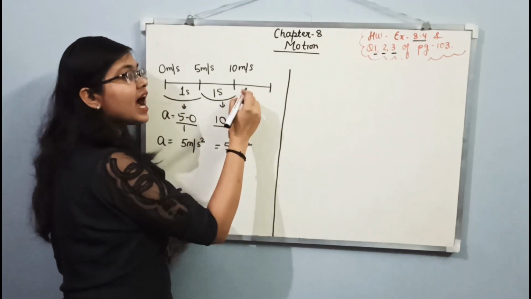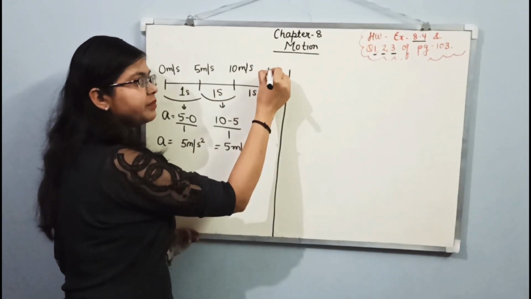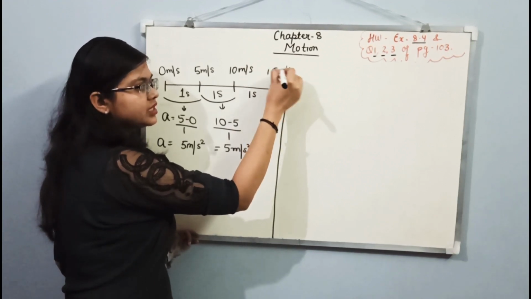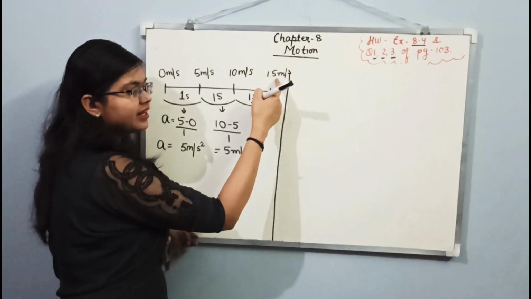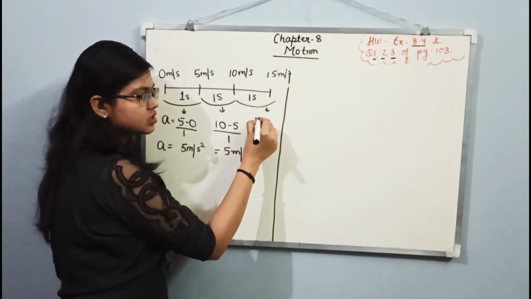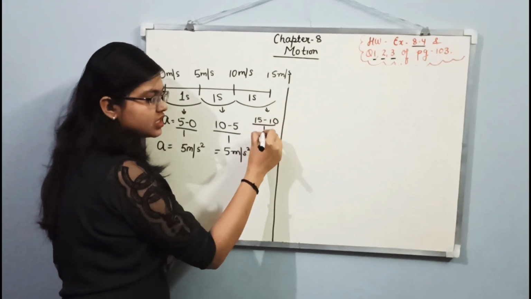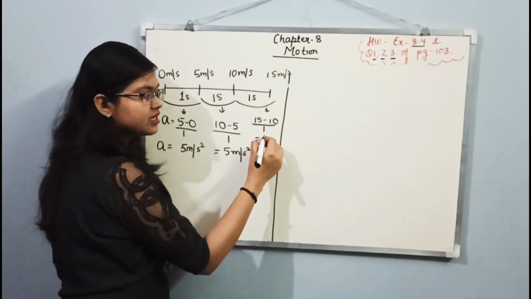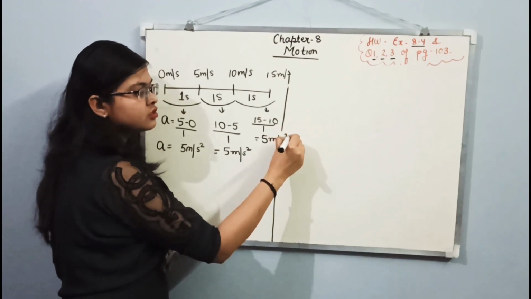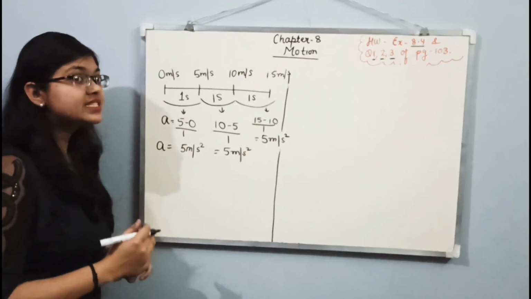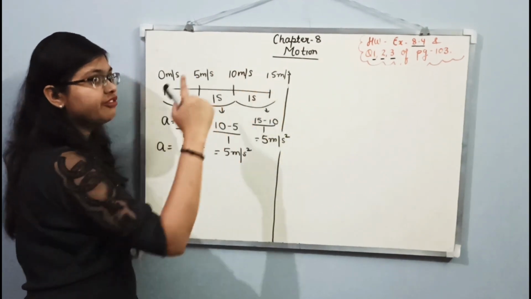Again after 1 second, the velocity increased and it became 15 meter per second. So what will be the acceleration here? It will be final velocity minus initial velocity. Final is 15, initial is 10 and the time taken is 1. So 15 minus 10 will give you 5 meter per second square. So you can clearly see here that the velocity was increasing uniformly.